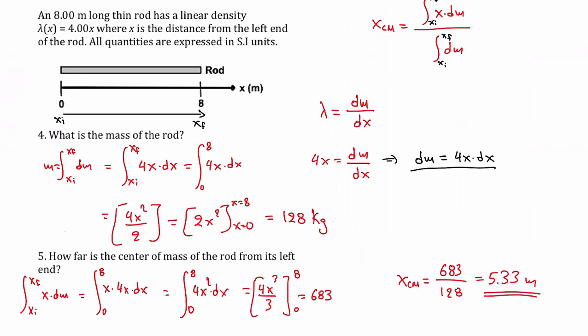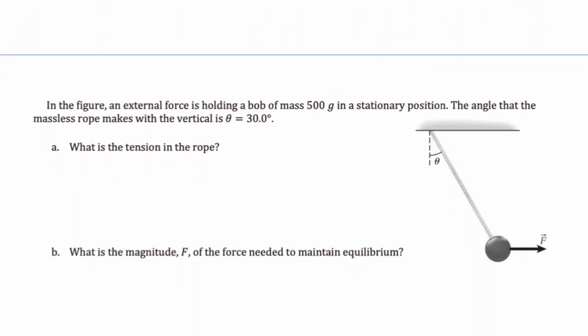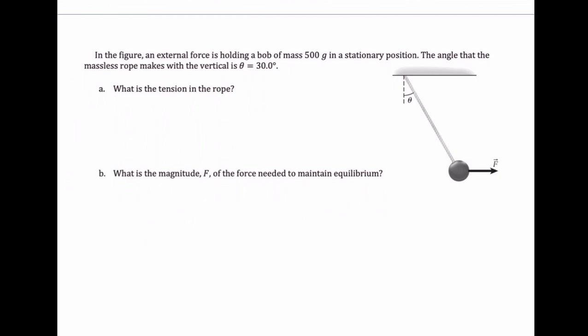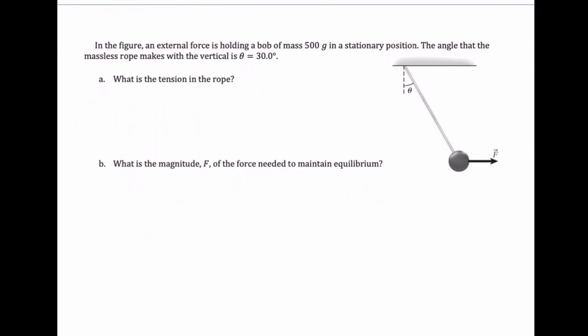We can continue to our next example, which is calculating the value of two unknown forces, the tension and an applied force, that keep an object in a stationary position, and this means that the object is in equilibrium.